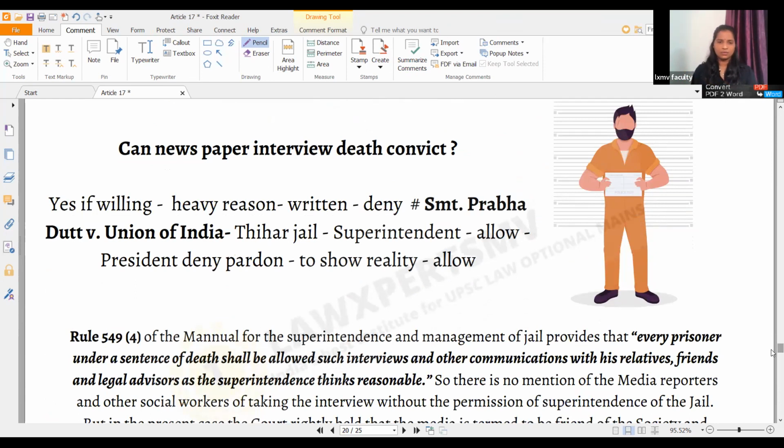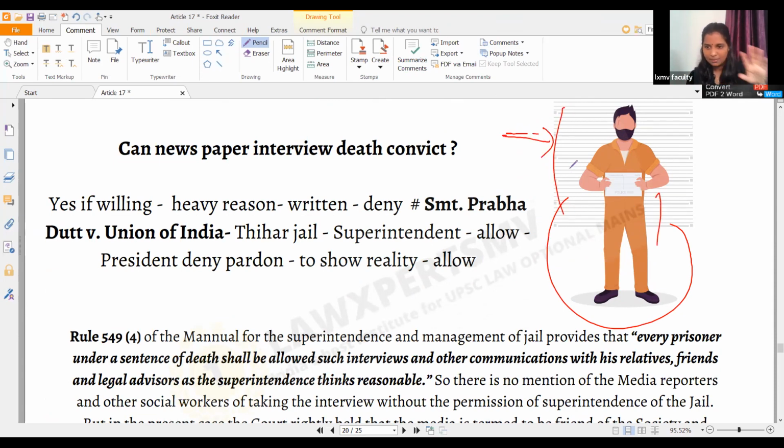Understand? Now, imagine you are going to Bihar jail, not as a convict, okay? You're going to interview a prisoner. And this prisoner is not a small person. He has been convicted and sentenced to death. He's a death row convict. Do you have the right to go and interview him, because there is freedom of press, and I told you the freedom of press has the right to know, to get information.